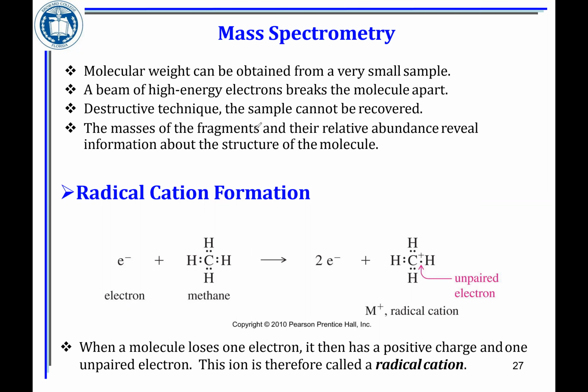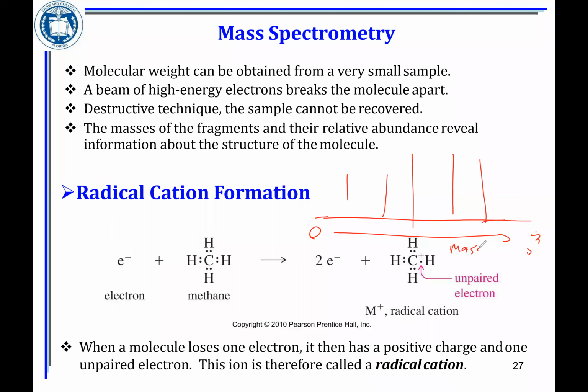The mass spectrum looks different than the IR spectrum. In a mass spectrum, you would see lines like this, and it can go from 0 to a number. What is shown here is the mass, or m/z ratio, increasing from left to right.